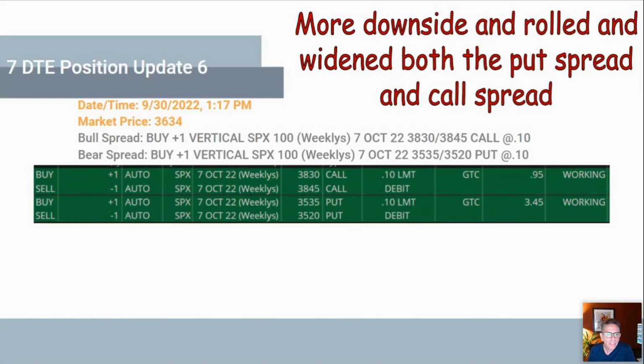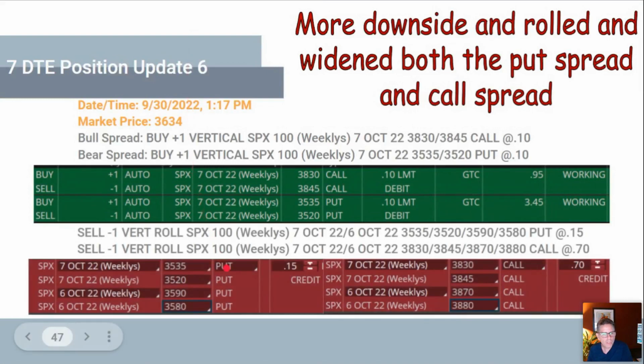I wanted to push it down as far as I possibly could, so this time I just collected a 15-cent credit. Again, on the call side I collected a 70-cent credit, but I didn't want to keep pushing the call side down because I knew what was going to happen in the end if we kept doing that. You've got to be careful with the call side, because those are more dangerous to manage as well.